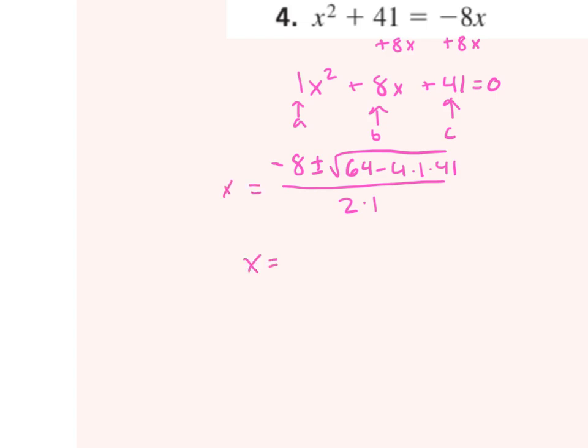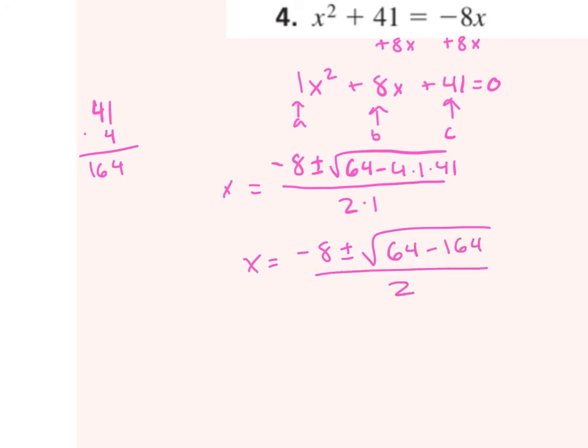So negative 8 plus or minus 64 minus 4 times 41. So 41 times 4 is 164. So 64 minus 164 over 2.